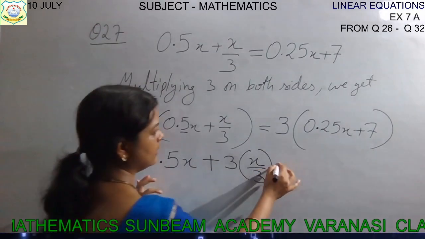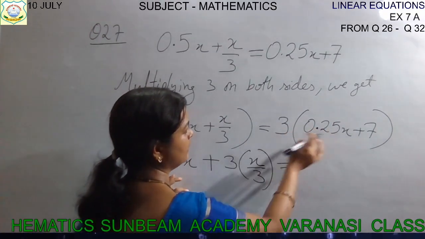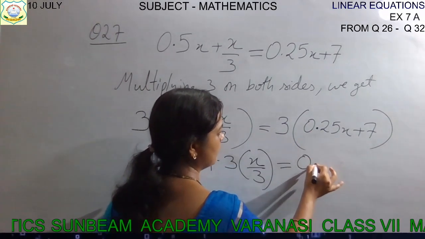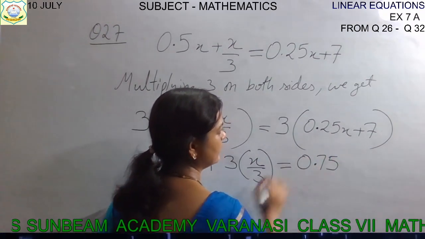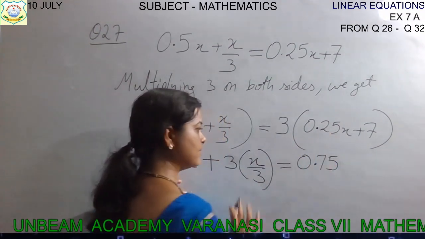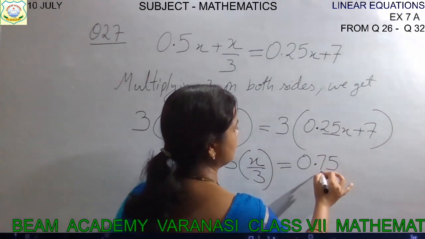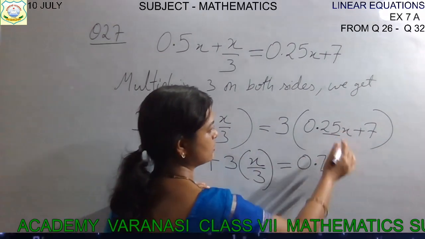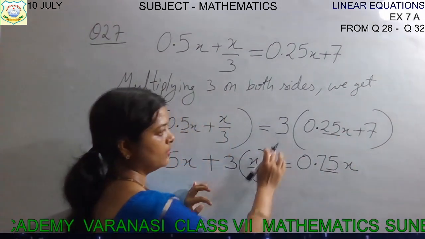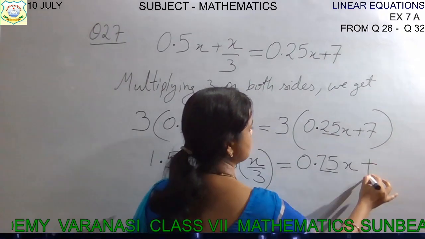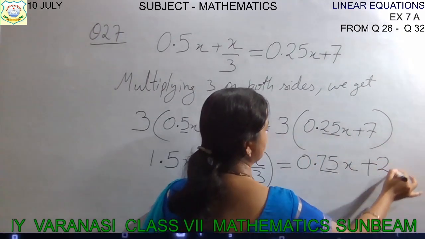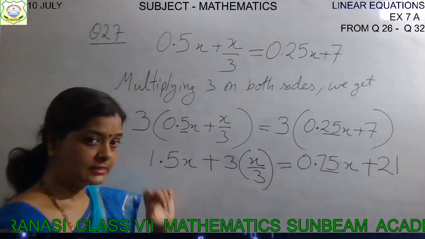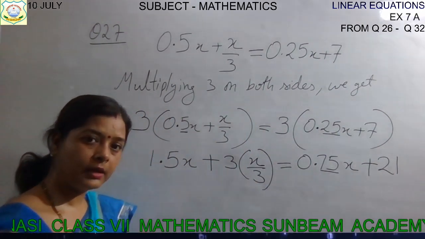That is equal to, now multiply 3 into 0.25, you will get how much, children? 0.75. 25 threes are 75, and there are two decimal places, so in the answer also you have to keep two decimal places, and x will remain with that. Plus 3 sevens are 21. Clear?